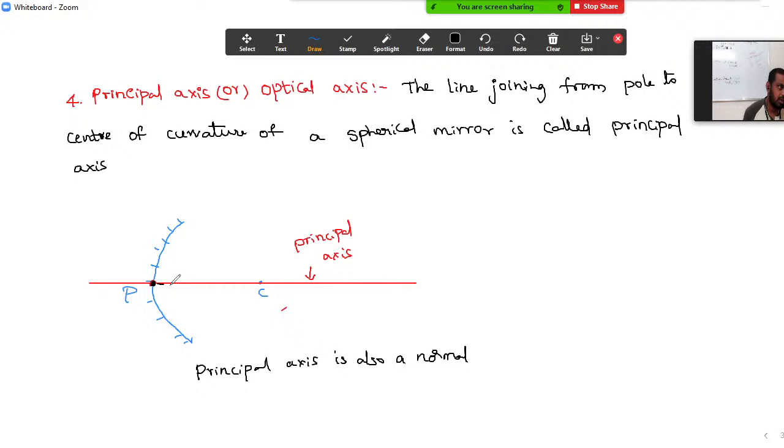It is denoted by capital R. Now we need to represent the radius of curvature for spherical mirrors also. Now, what is the name of this mirror? Will you give the name? The name is concave mirror. Respond, children. The name is concave mirror. I represent the principal axis.